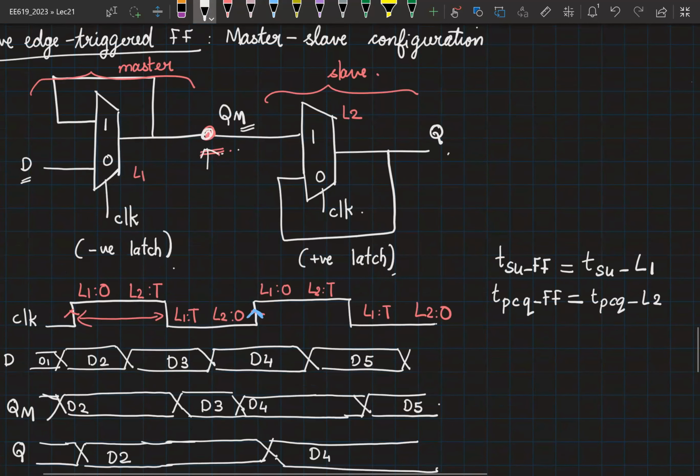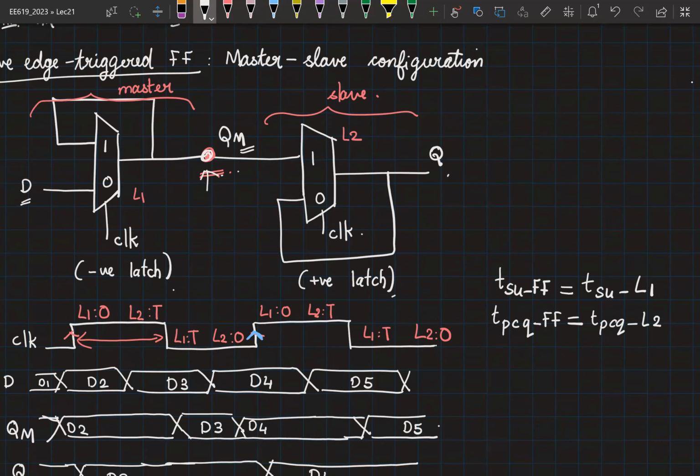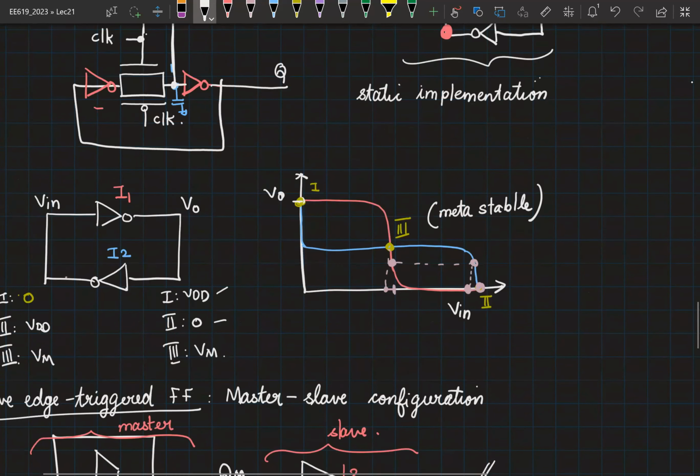Could you quickly sketch out the same flip-flop using the configuration we have used here?